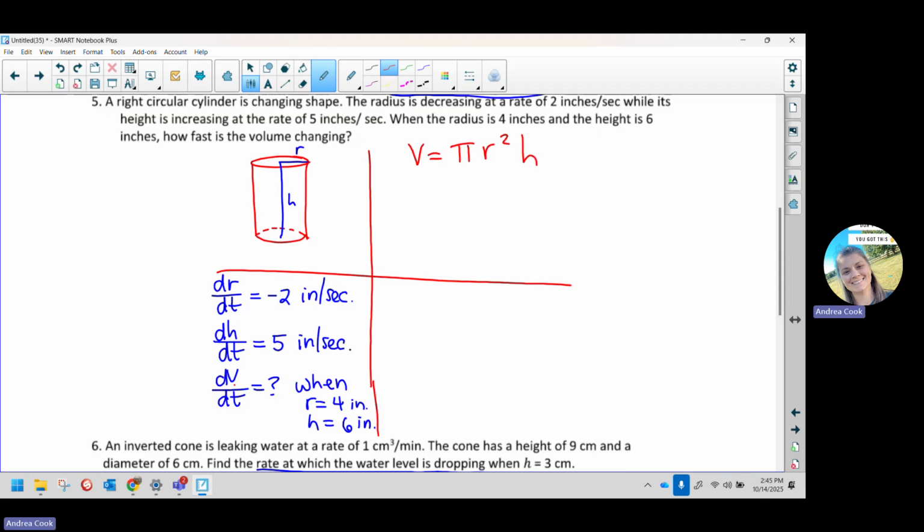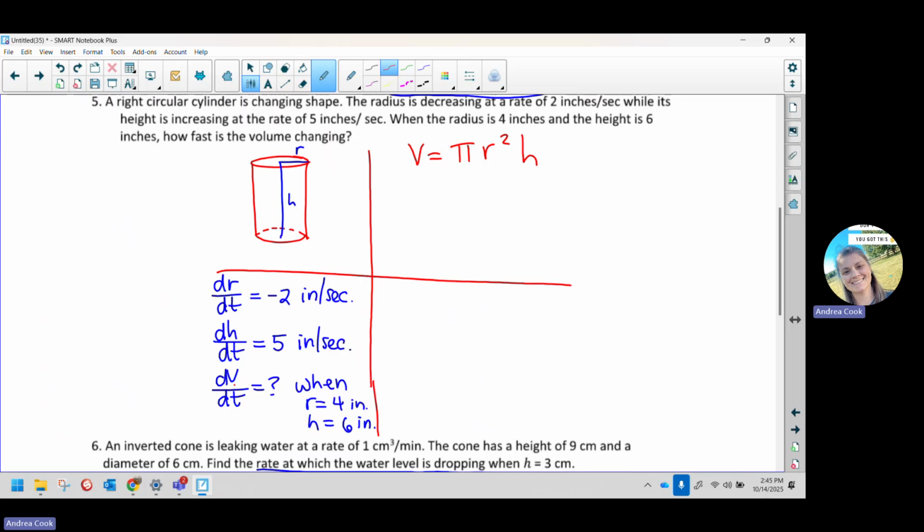We can't eliminate a variable because there are no proportions in a cylinder. I also can't eliminate variables because they gave me dr over dt and dh over dt. Because they gave me both rates, I know I'm going to be doing product rule.